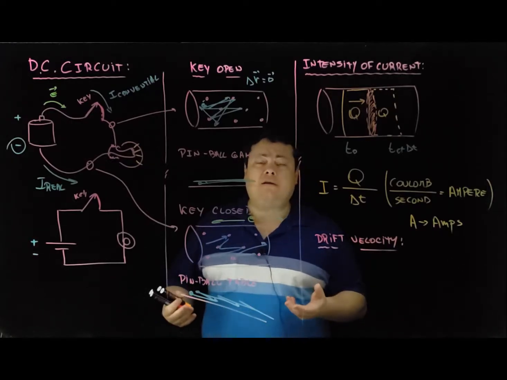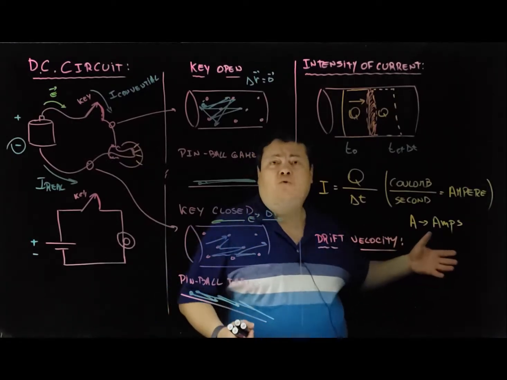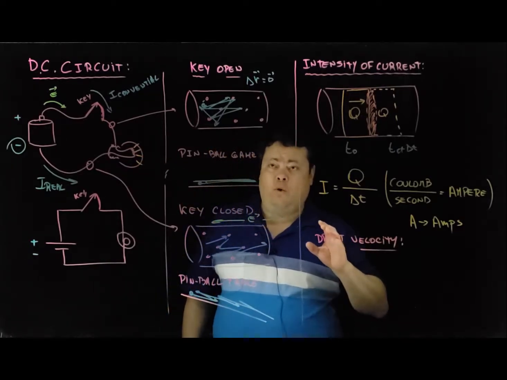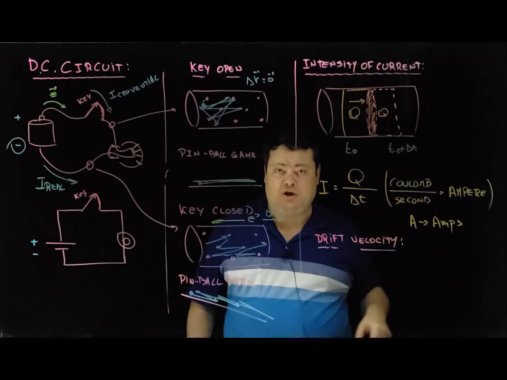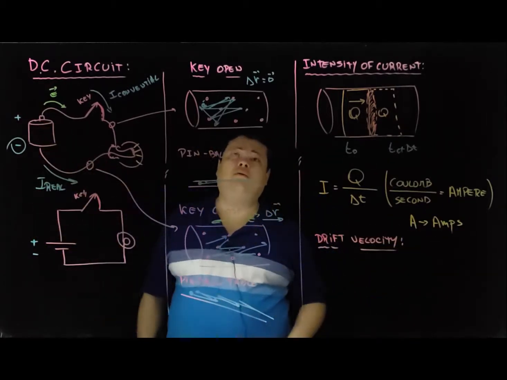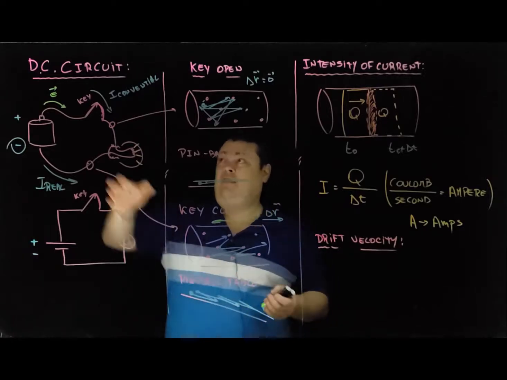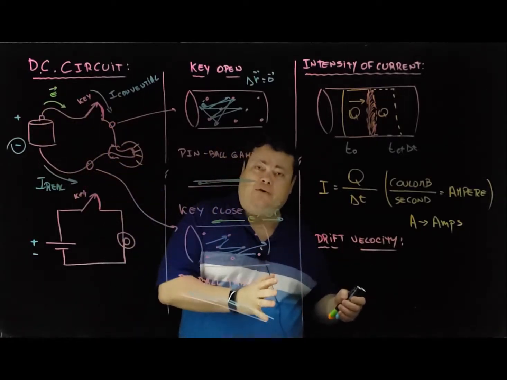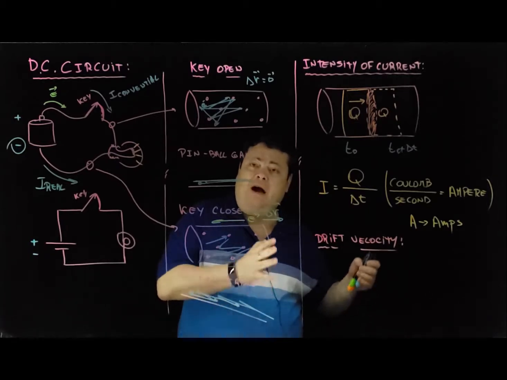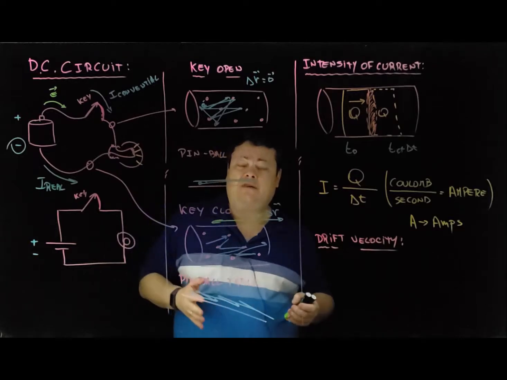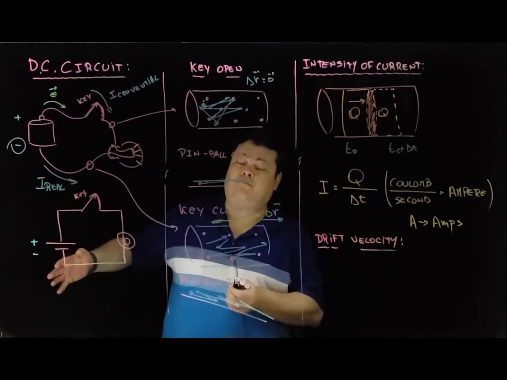One could think that the electrons are going to move really, really fast, but that's not the case. What happens is that when I turn the switch, I kind of tilt my pinball table a little bit, or I create this electric field inside. And this makes all of those electrons start moving almost at the same time. All electrons through the wire have a tendency to start moving at the same time.